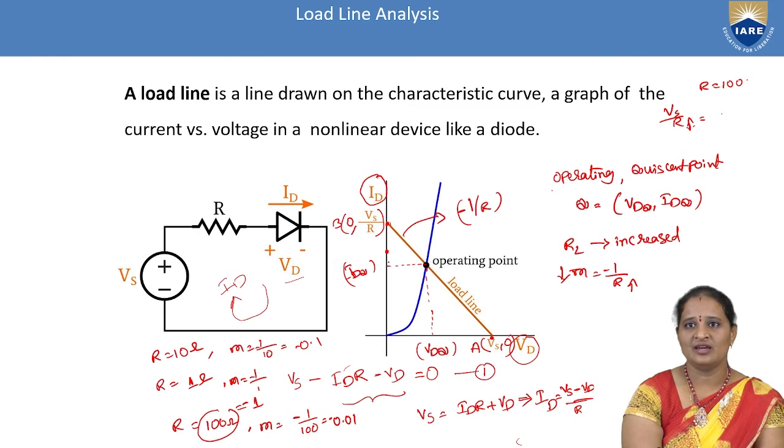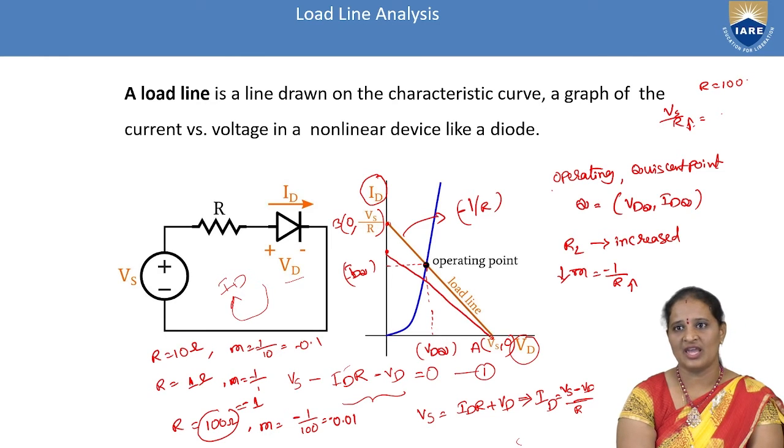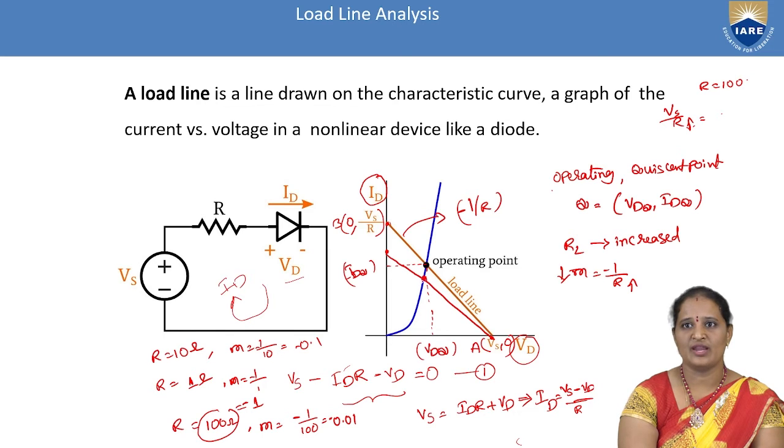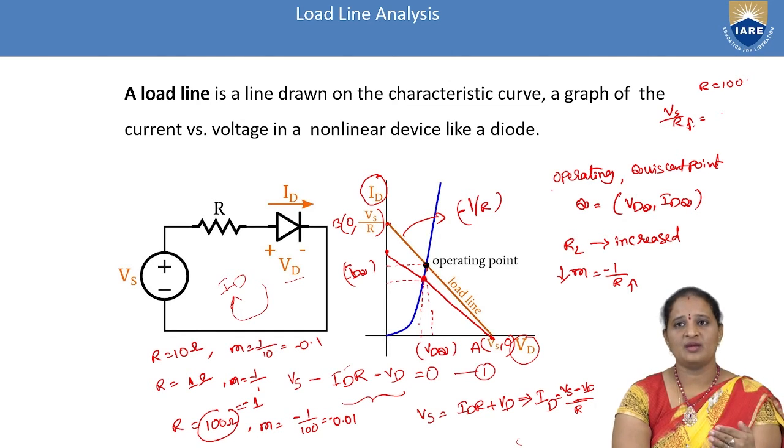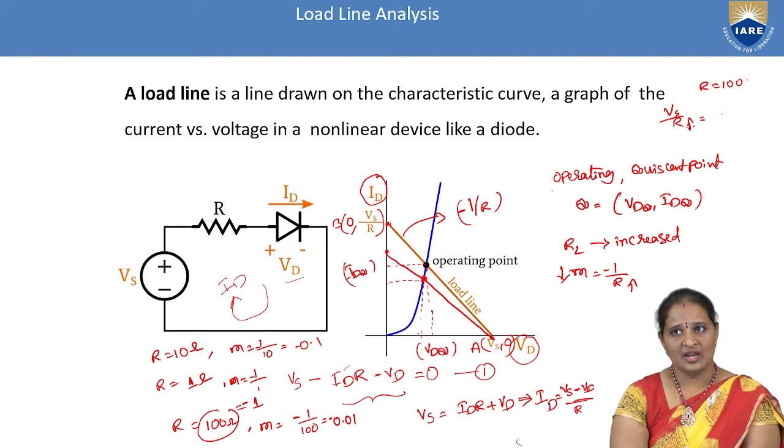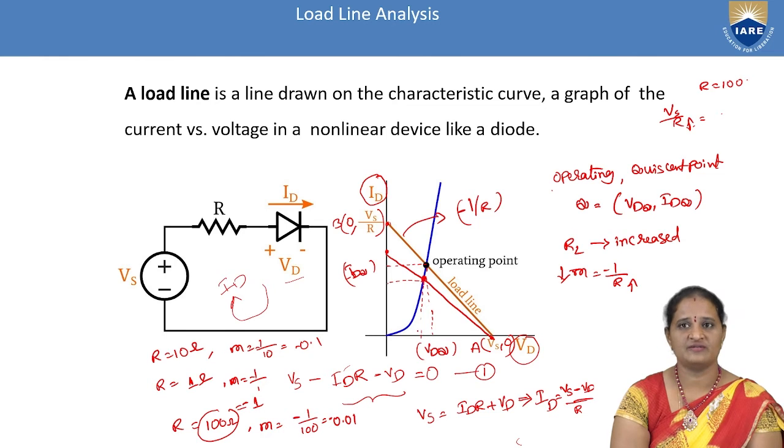And here, if I join this point again with the point A, I can get my new operating point somewhere here. That means with the change in the load resistor, the load line will be shifting. If the resistance is increased, the load line shifts downwards.